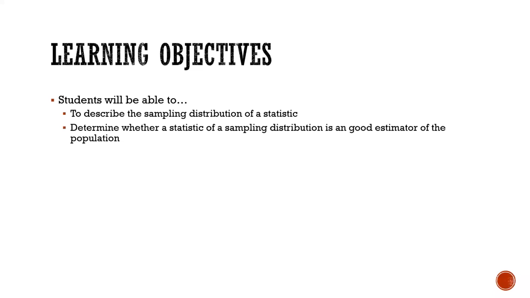So we're going to talk about whether the statistic of a sampling distribution is a good estimator for the population. It's hard to even understand what that means just yet, but I promise you by the end of what we're talking about today, it should be a little more clear.